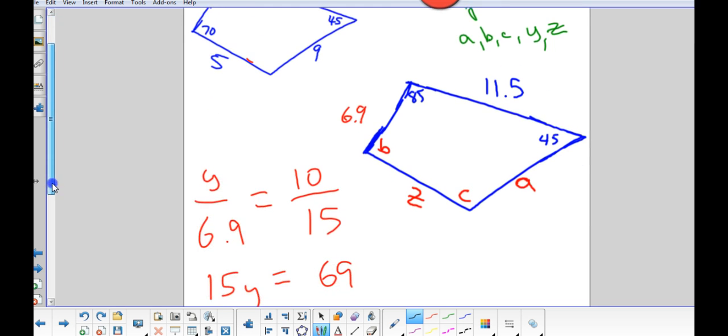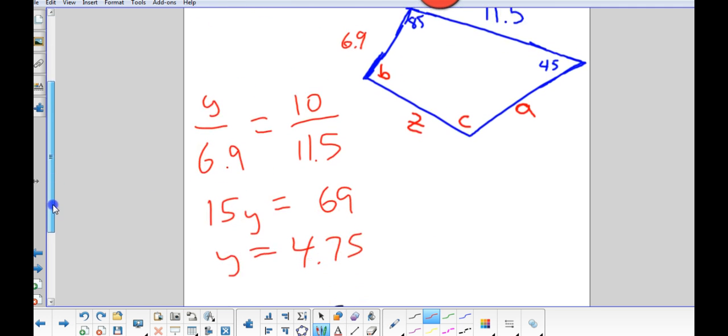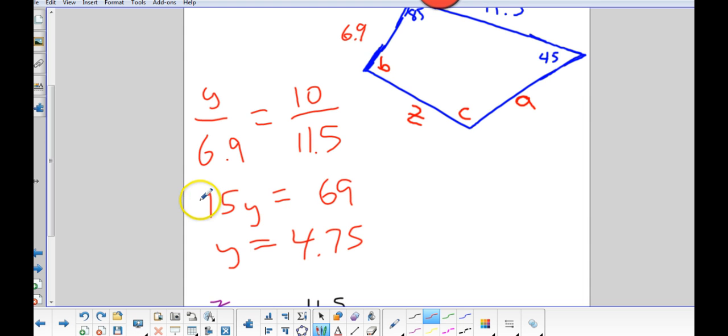For Y, my proportion was Y over 6.9. So again, that's this shape over this shape equals 10 over 11. Should be 11.5 there. Let's see. Alright, so 11.5 Y should equal 69.